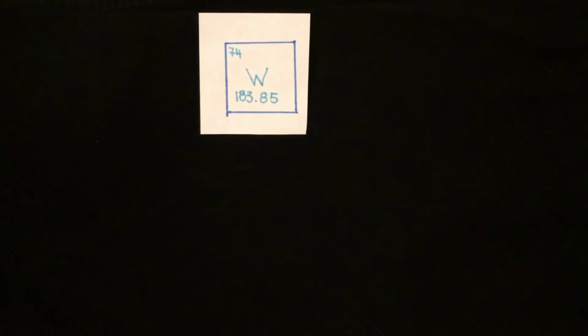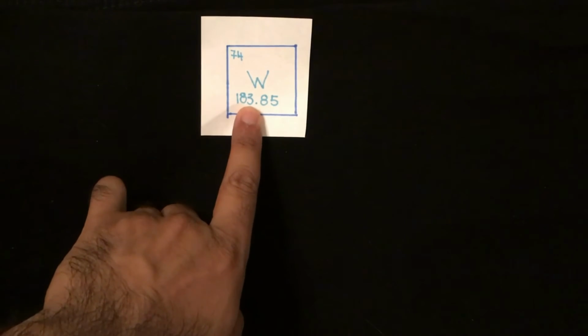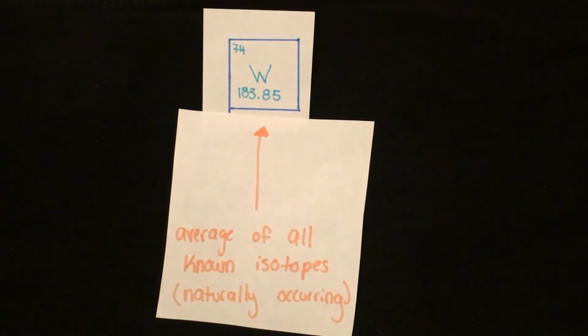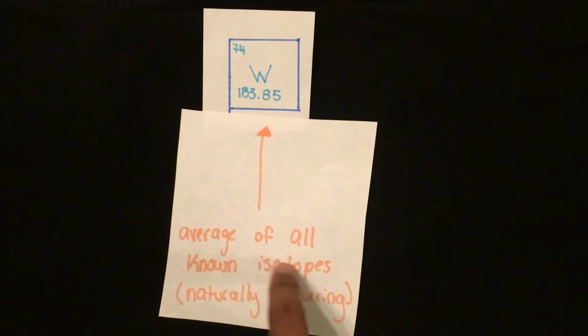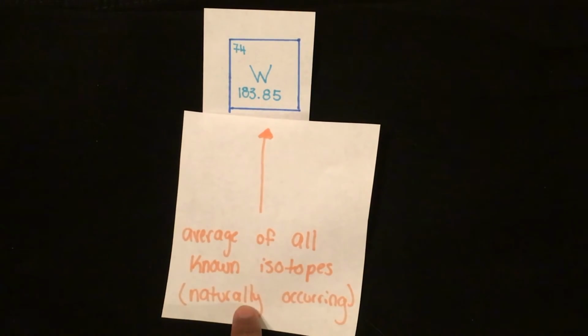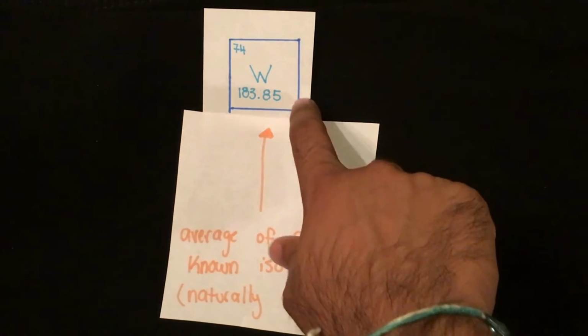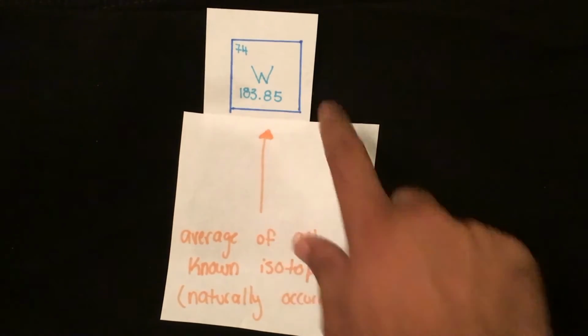You're probably wondering why your mass number on the periodic table has a decimal. Where did that decimal come from, if mass numbers can be different in nature because of isotopes? It was really an average of all the known isotopes in nature. They take all the known isotopes, find the average of them, and then put that number on the periodic table.